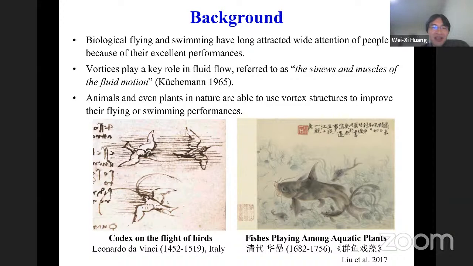One piece of evidence can be seen from the paintings, like this one made by Da Vinci, and also Chinese ancient paintings. But understanding the underlying mechanism is not easy, especially the relation between flying and swimming and the vortices, the key part of the fluid flow.